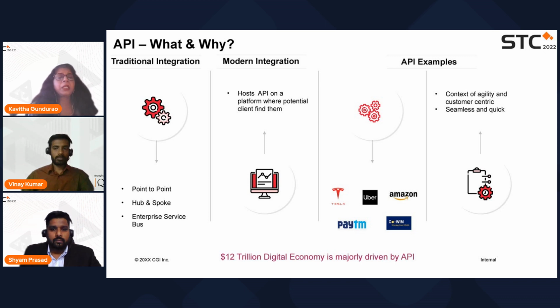Traditionally, sometime in 1993, in the API world, IBM came up with MQ, message queues for exchanging data. Then SOA enablement started sometime in 2002, and Gartner coined the term enterprise service bus.